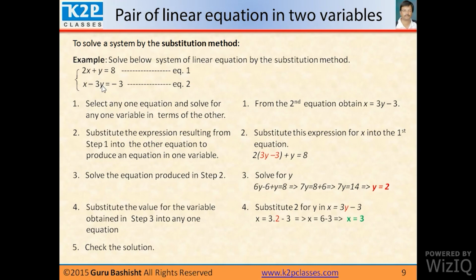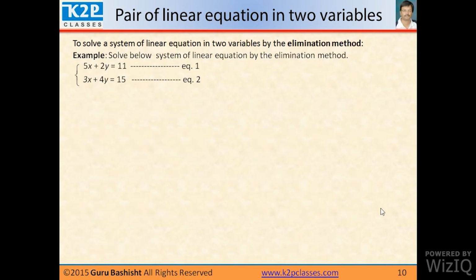To solve a system of linear equations in two variables by the elimination method, there are two equations given. Multiply either or both equations by non-zero constants to obtain equal coefficients for one of the variables in the system.